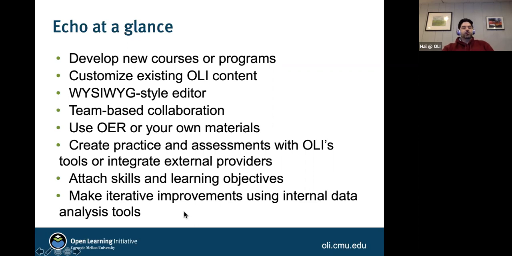And the data from those interactions is piped back into Echo so that you can make iterative improvements using a visualization tool to find places where the material could use some targeted improvements.